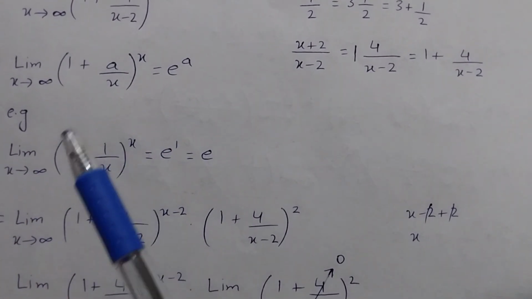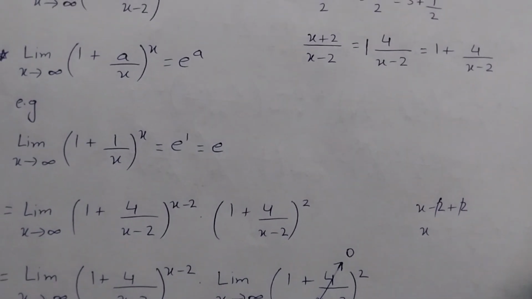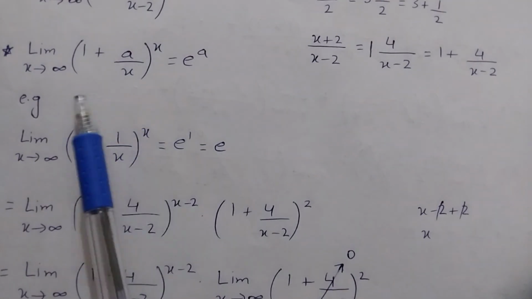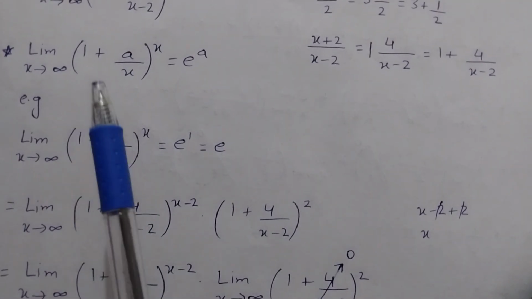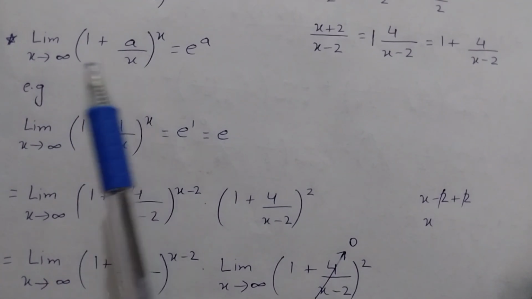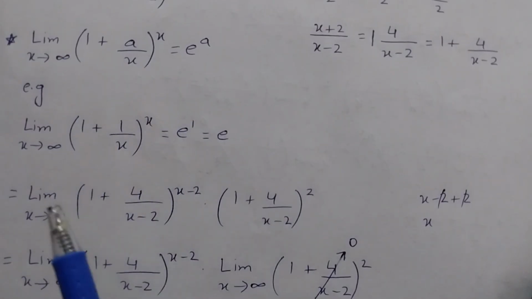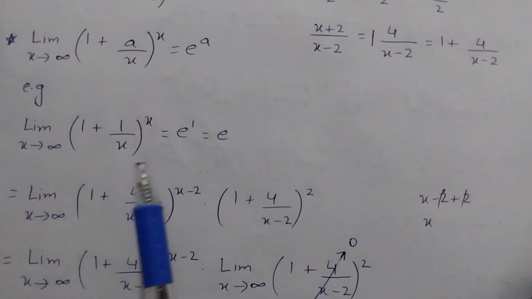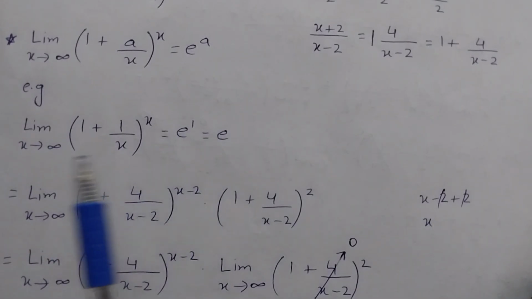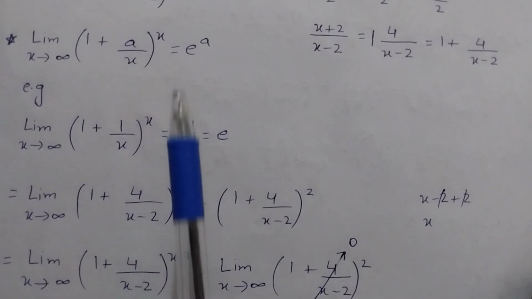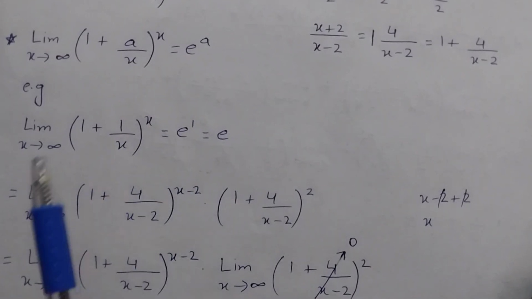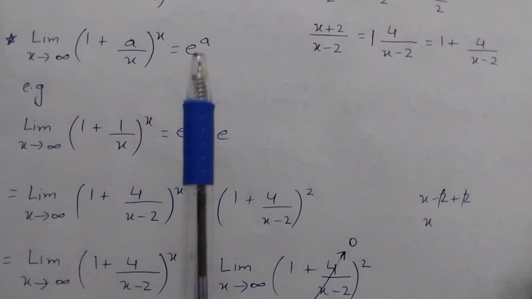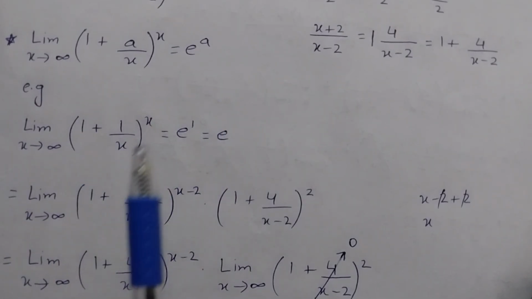I'm going to prove this by letting a equal 1 as the first example, and I'm going to take a equal to 2 for the second example, and you will see that both of those limits will be equal to e raised to power a, whatever the a in that case is.